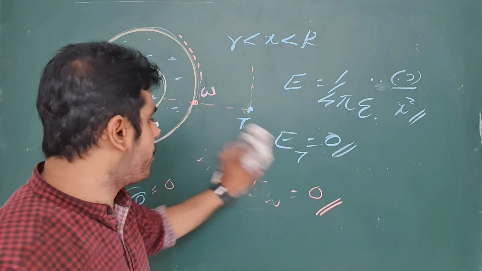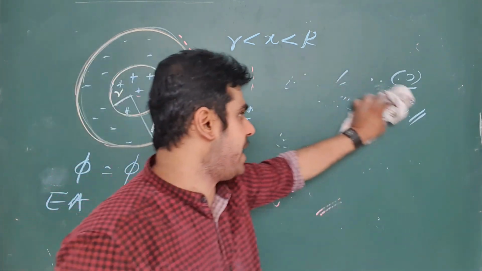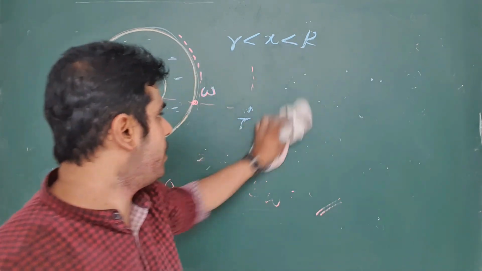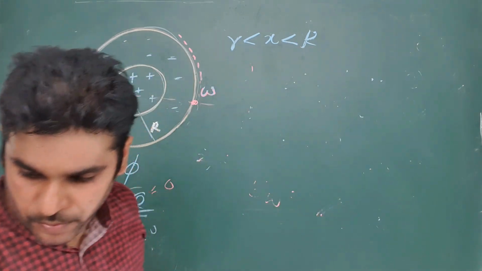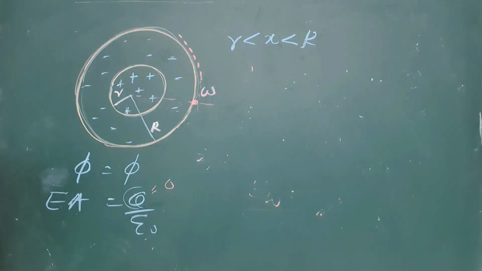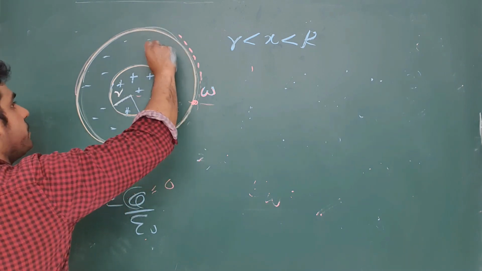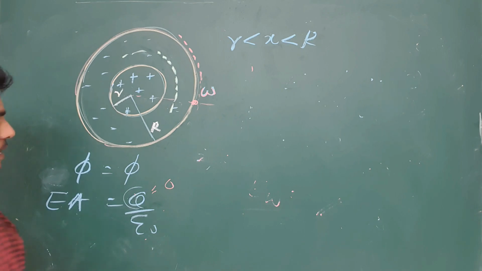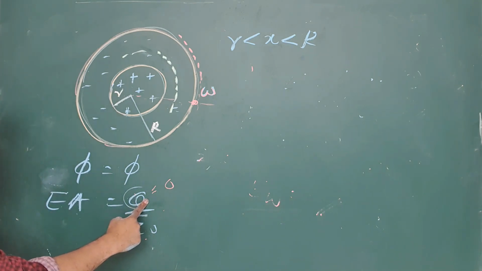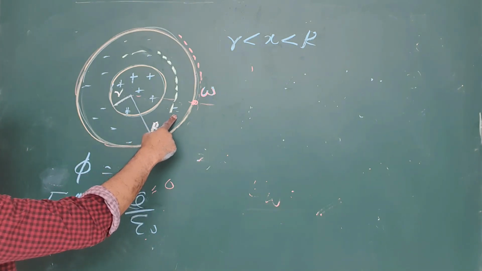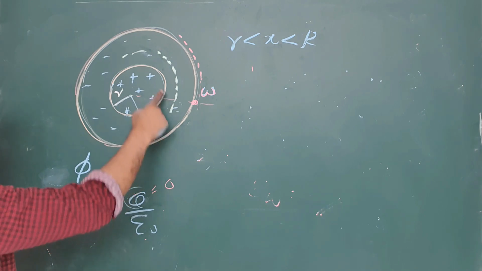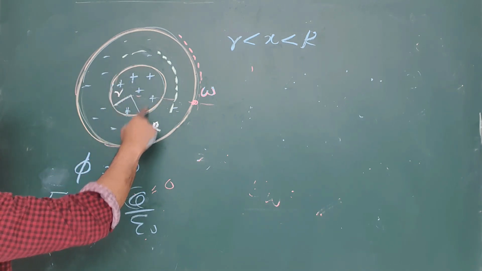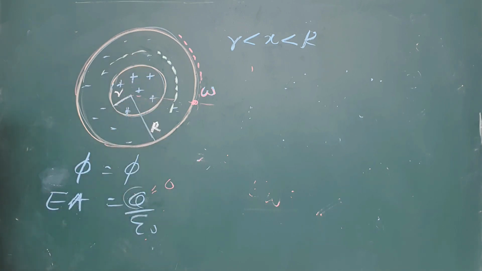First of all, we have to draw the Gauss surface to find this electric field intensity. Now, let us check how we draw the Gauss surface here. Now, this is the Gauss surface. You have to draw the Gauss surface from here. Now, when I take the algebraic summation of charges inside the Gauss surface, I have to take the total positive charge Q and part of the negative charge.